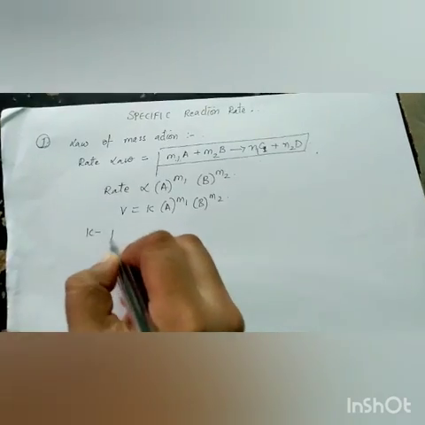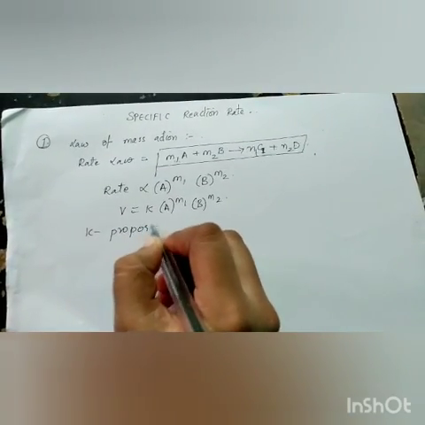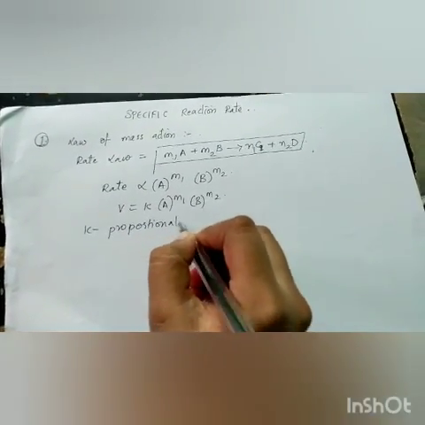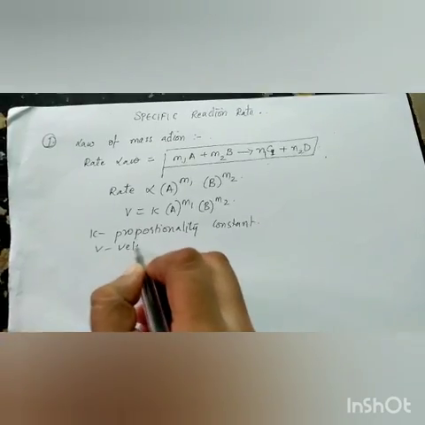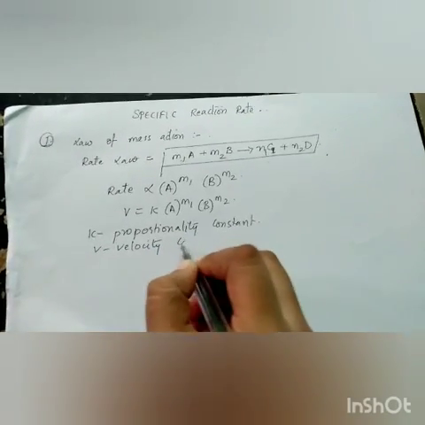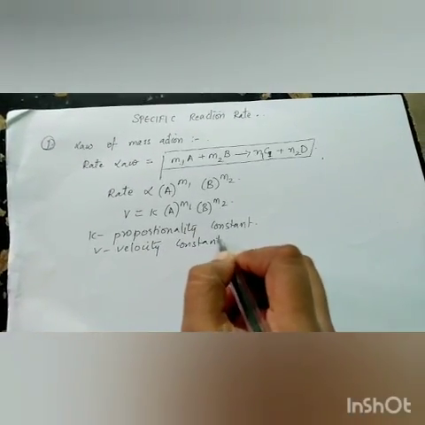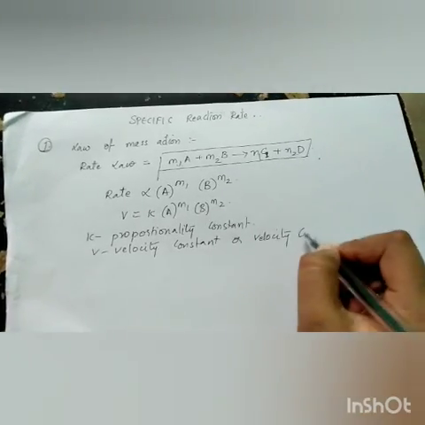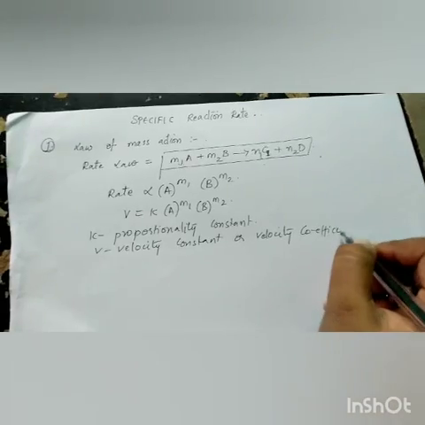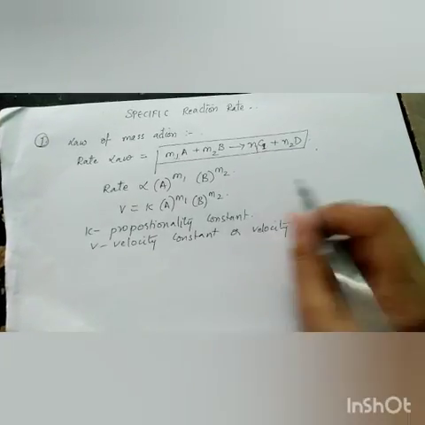Here K is the proportionality constant, and it is called the velocity constant or velocity coefficient, or you can say the specific reaction rate.